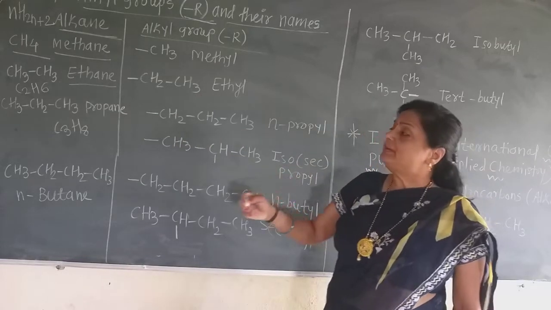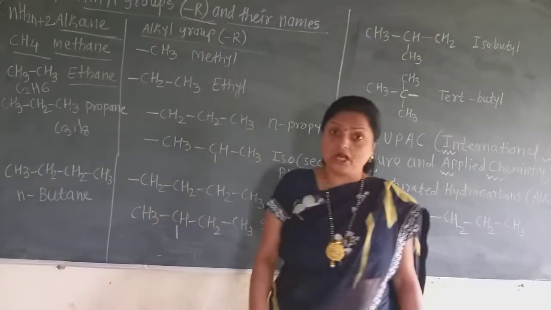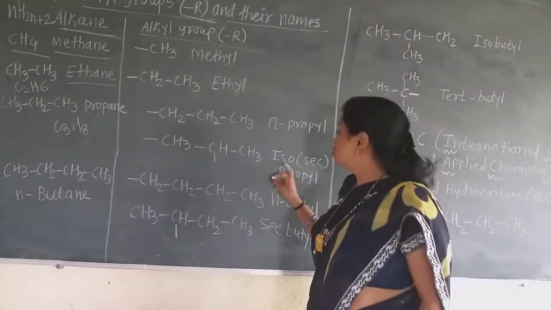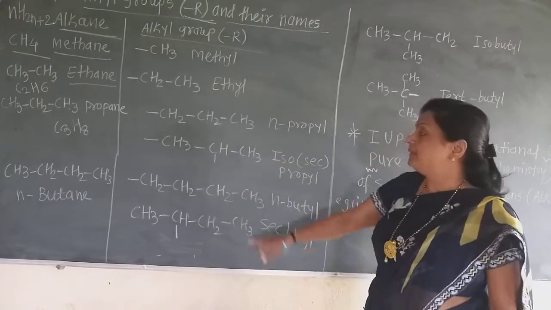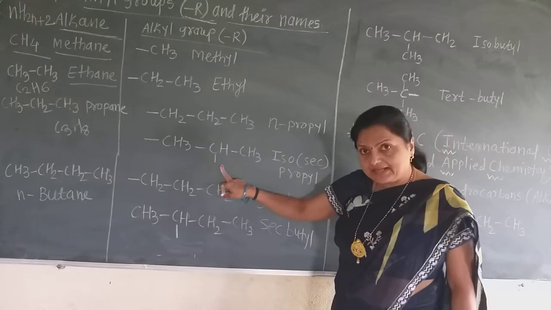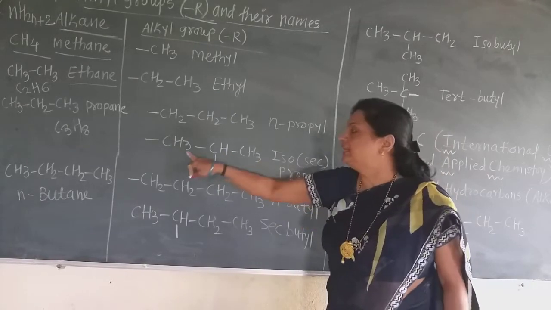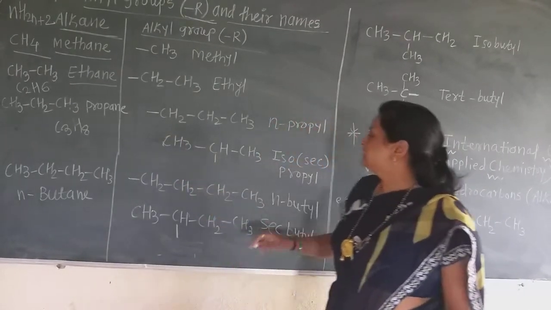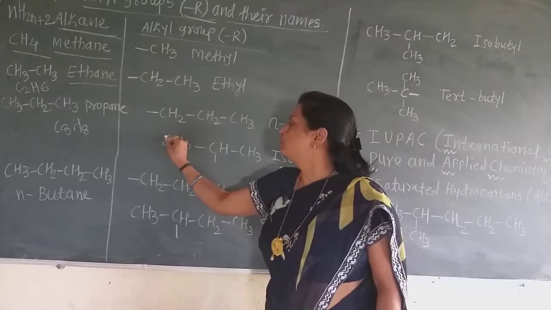But if we replace the hydrogen atom of the middle carbon atom, then there is formation of the iso or secondary propyl group in this way. Now the hydrogen of the middle carbon atom is removed here, and we obtain the alkyl group. The name of that alkyl group is isopropyl or secondary propyl group.